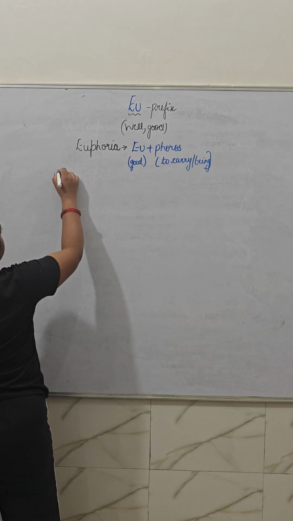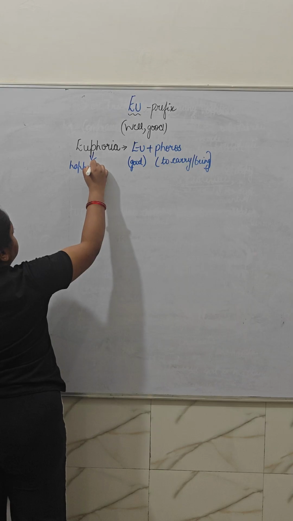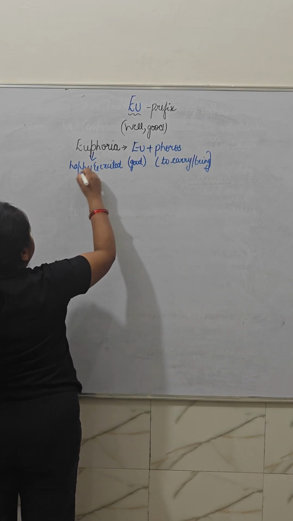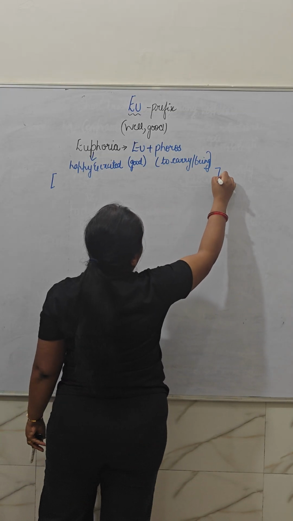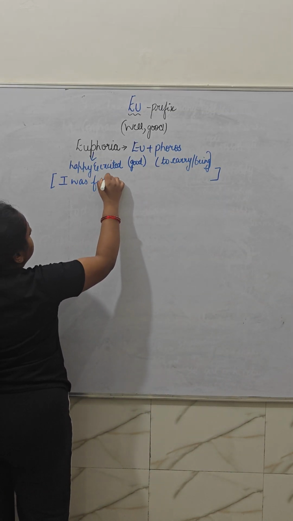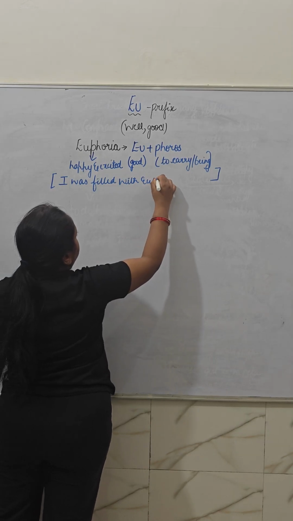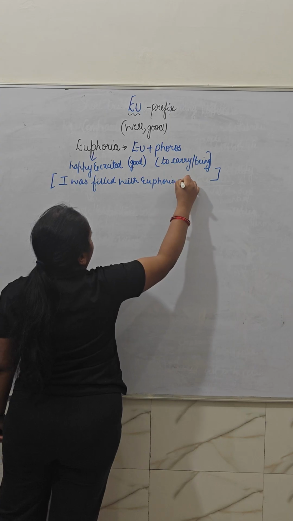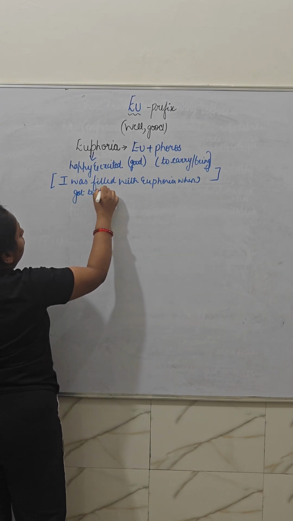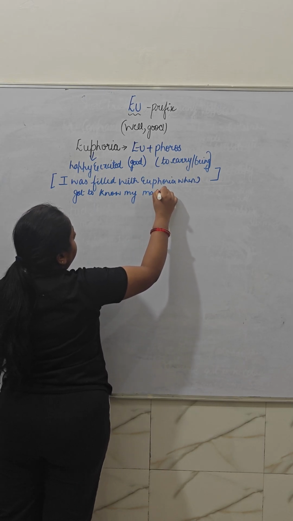If I give you a statement, the meaning of it is when a person is happy and excited at the same time. A sentence with euphoria would be something like this: I was filled with euphoria when I got to know my marks.